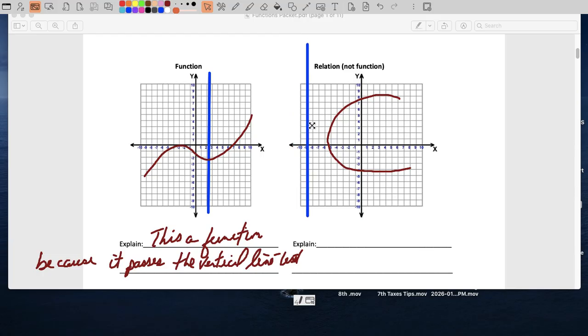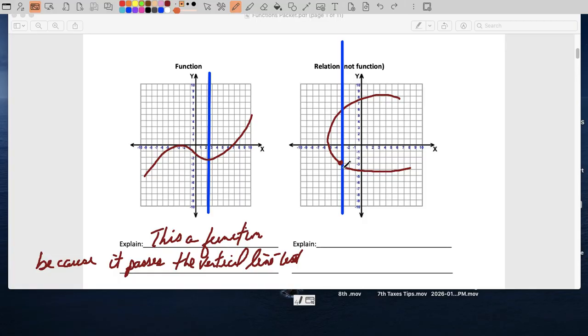And notice that as I move this line here, it makes contact here and here. So at this particular point, look, and let me move that line to a value that I can actually see, let's say right here. So it makes contact here.